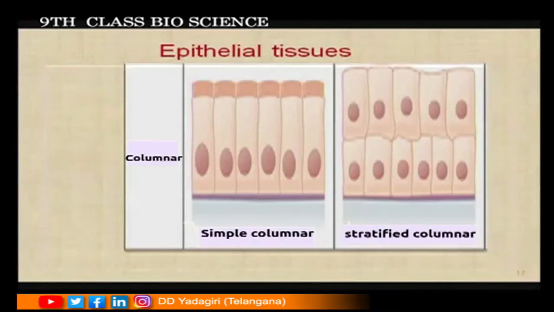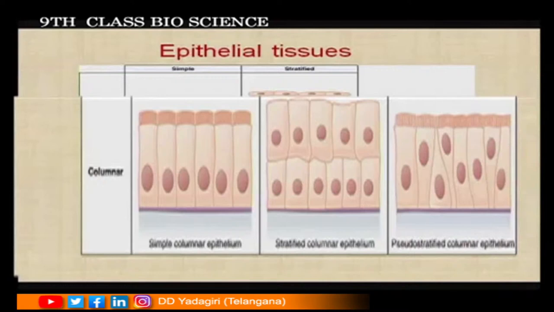In a similar way, in the columnar tissue, if it forms a single layer, we call it a simple columnar epithelium. If it forms more than one layer, then we call it a stratified columnar epithelium.